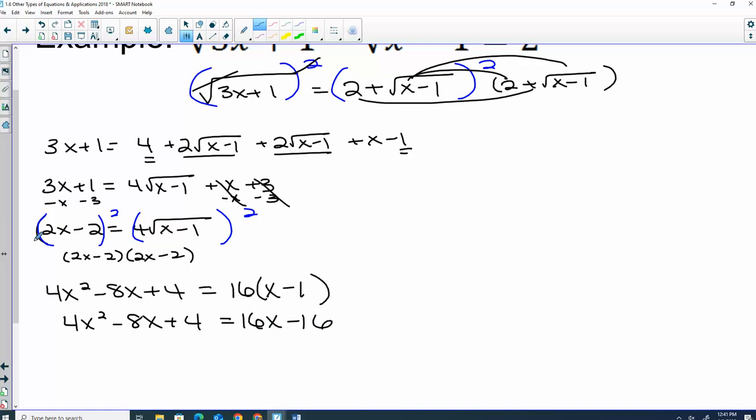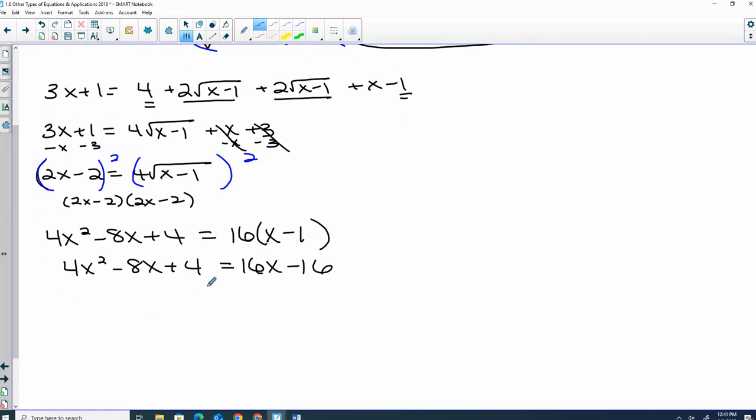Distribute our 16. And now it's a quadratic. We need it equal to 0. So we subtract over the 16x, add over the 16. What do you notice about all of these? Okay, do you just want to divide both sides of our equation by 4 with some smaller numbers?